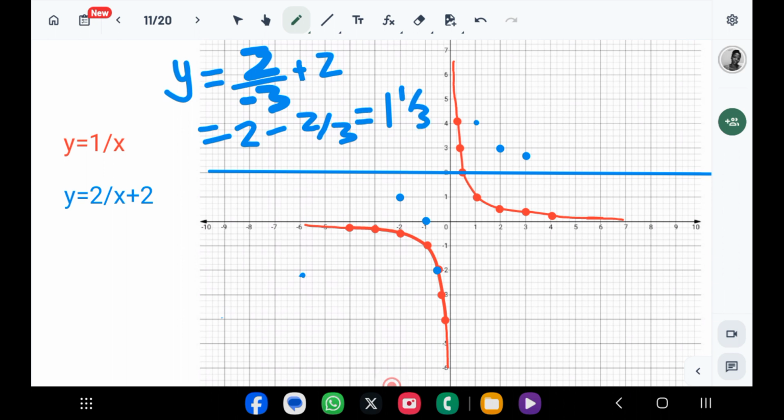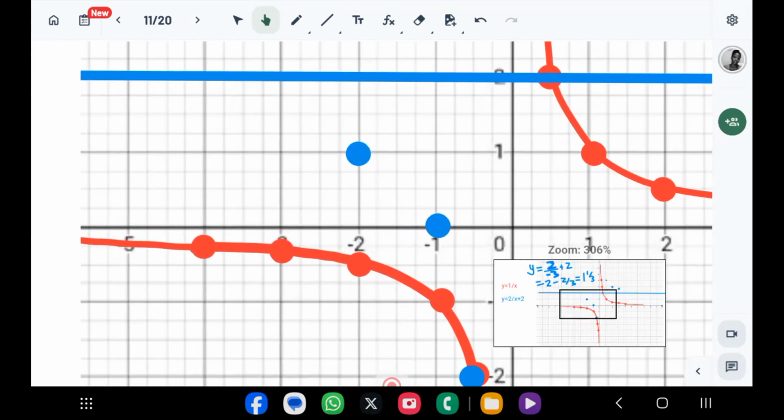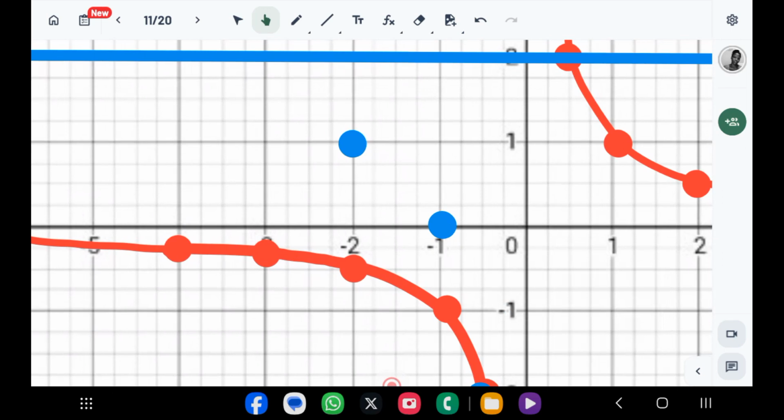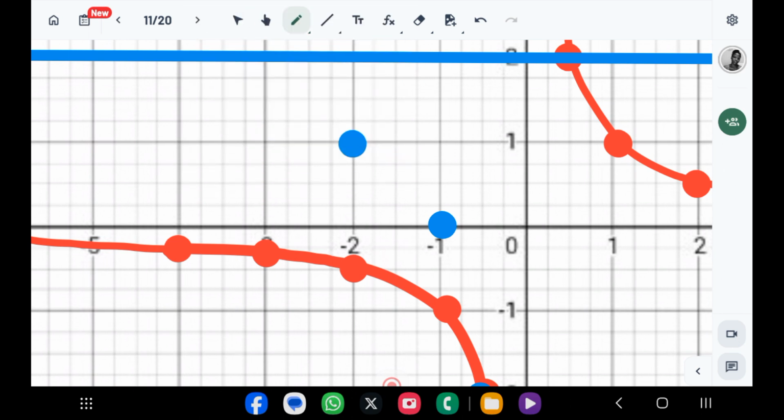When x equals negative 3, that's 1 and a third. Negative 3, 1 and a third should be somewhere here. That's the point.